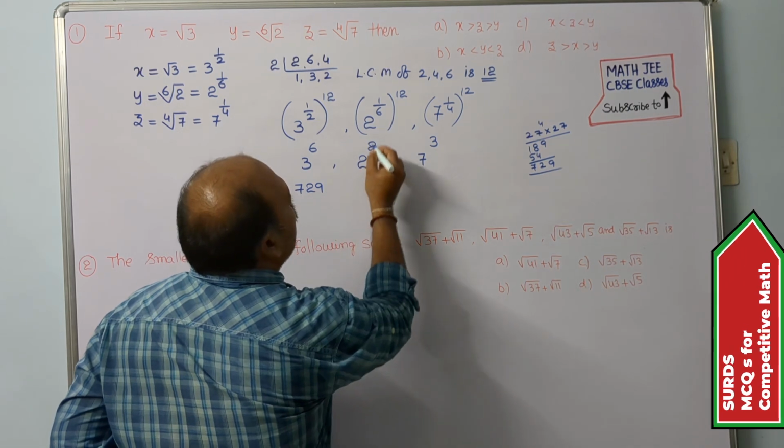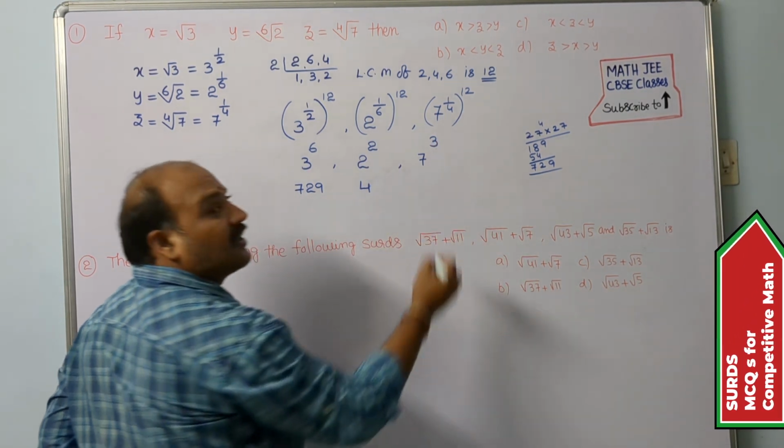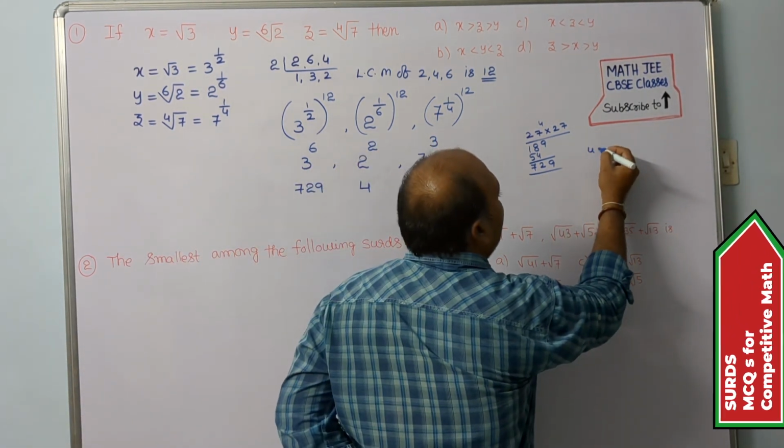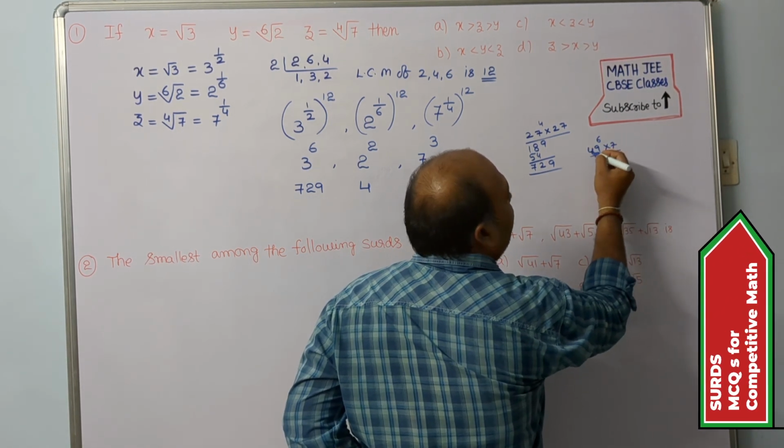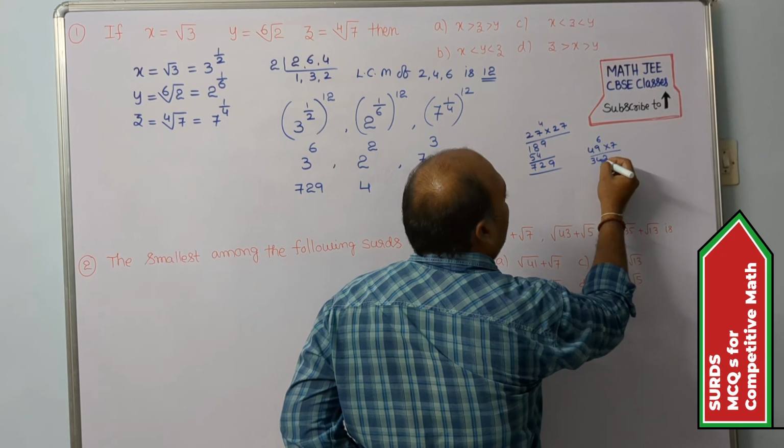Next, 2 square means 4. 7 power 3 is 49 into 7, which is 343.